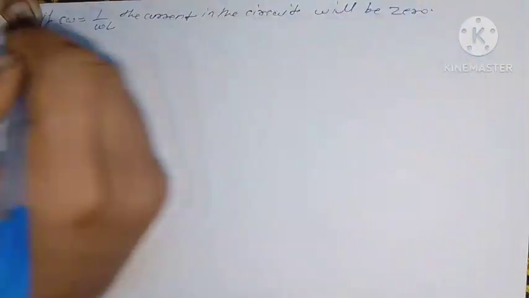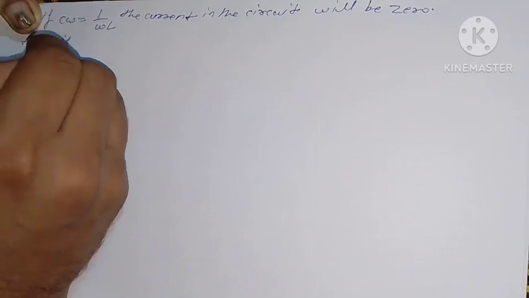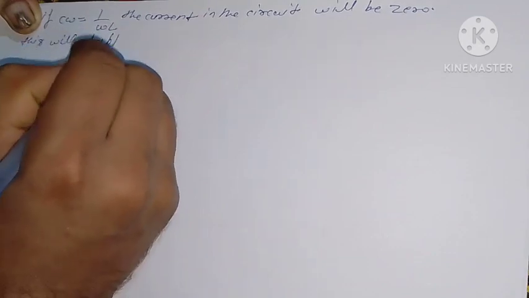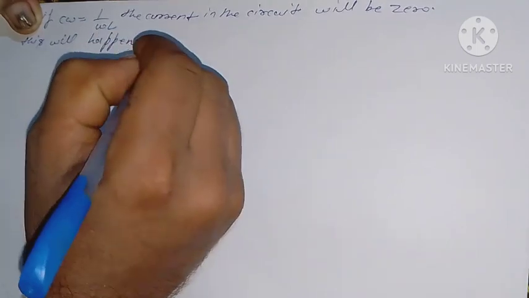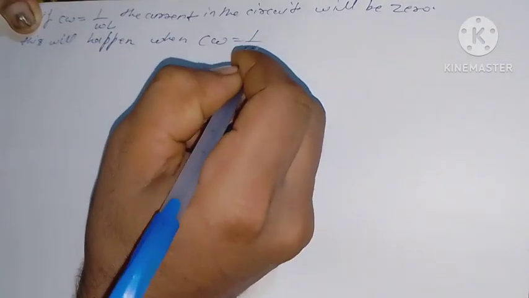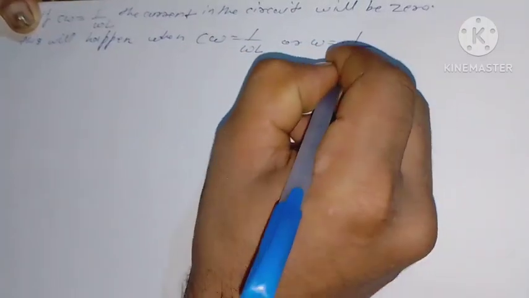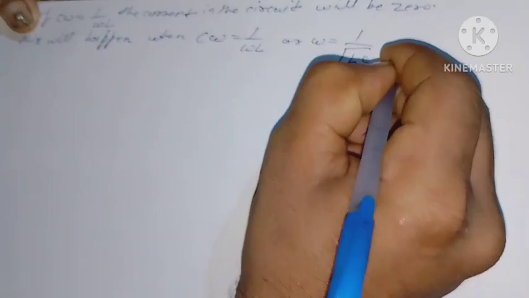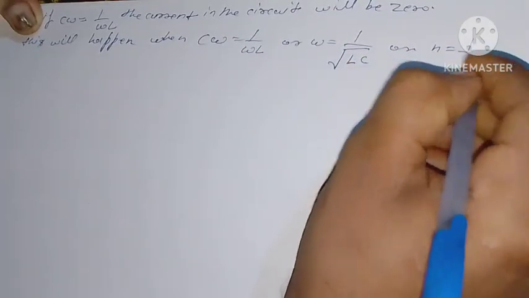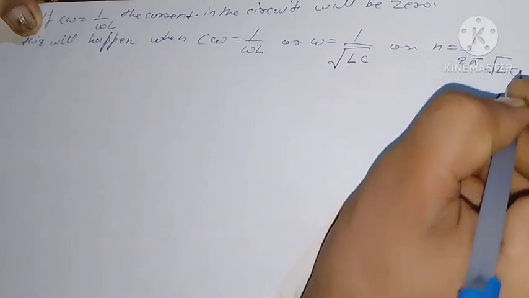This will happen when C omega equal to 1 upon omega L, or omega equal to 1 upon under root of LC, or n equal to 1 upon 2 pi under root LC.